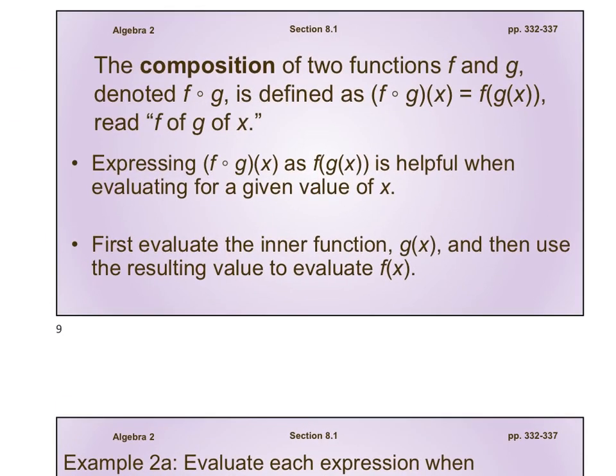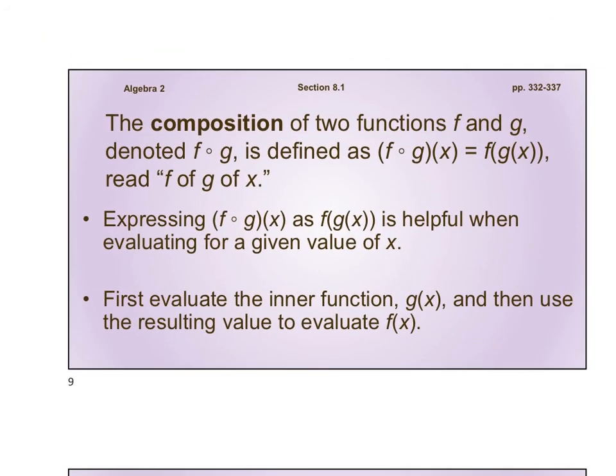Now, we have something called a composition of functions, and so you really need to pay attention to this section because the composition of functions can be very complex, until you get the hang of it, skill. Okay, to combine, you compose two functions, all right? It's denoted with a circle, and it's called f of g of x, sometimes referred to as fog.